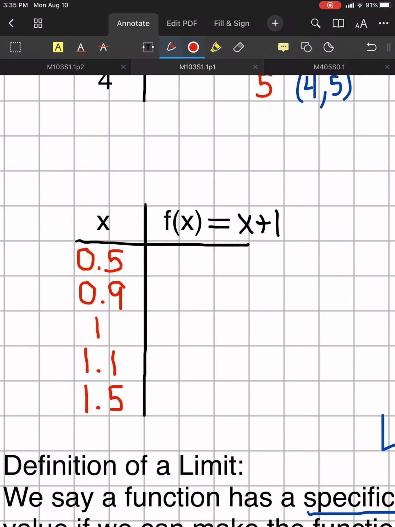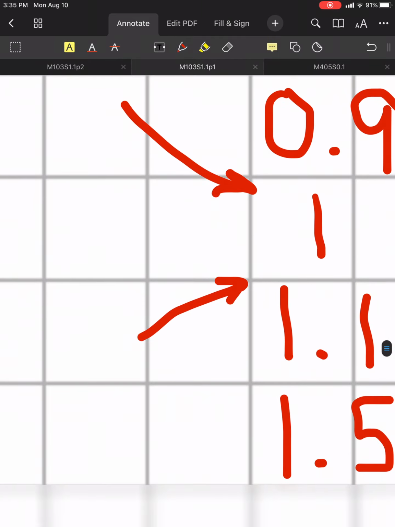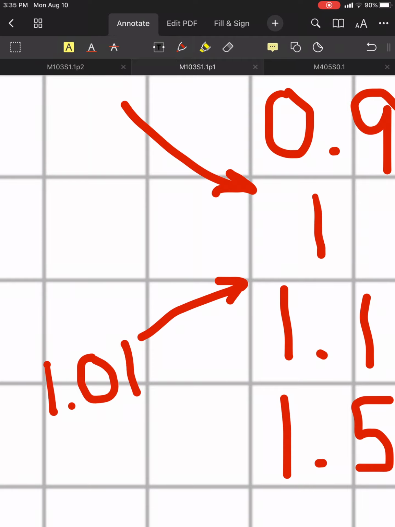If you had a bigger chart, you can actually do this further in. So you could pick right here and right here, instead of just having a 1.1 and 0.9, we might have a 0.99 here, and down here a 1.01, so even closer to the 1 value.